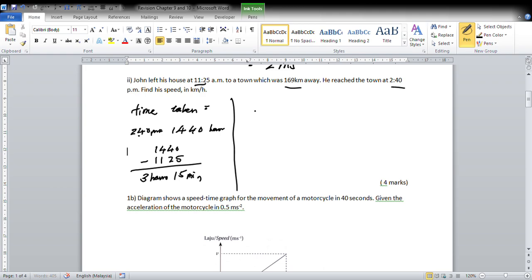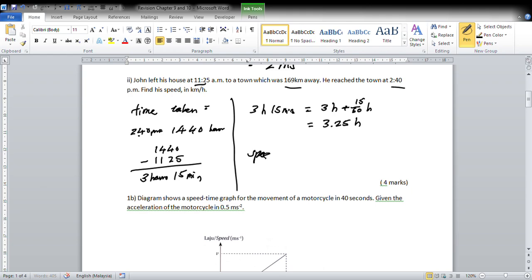This 3 hours and 15 minutes, if we change to hours, because the question asks us to answer in km per hour, we have to change these 15 minutes to hours. So 3 hours 15 minutes is actually 15 over 60 hours, so it will be 3.25 hours.